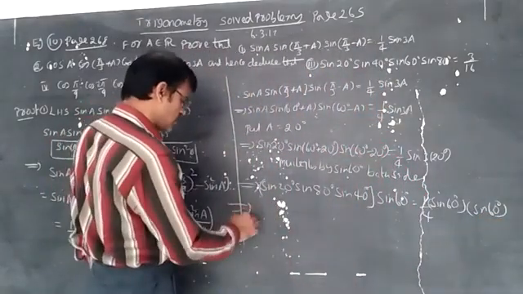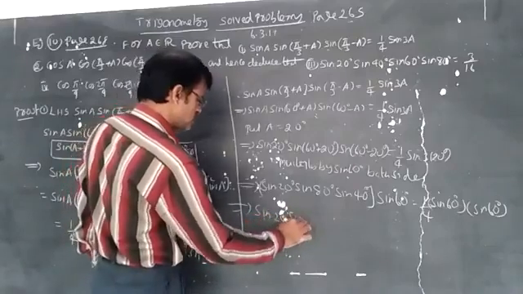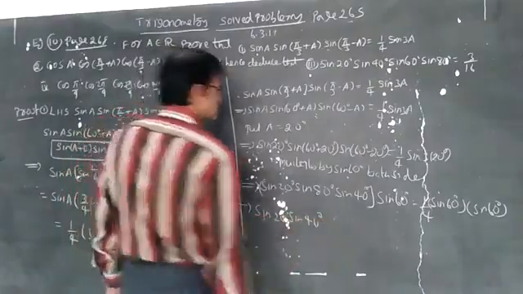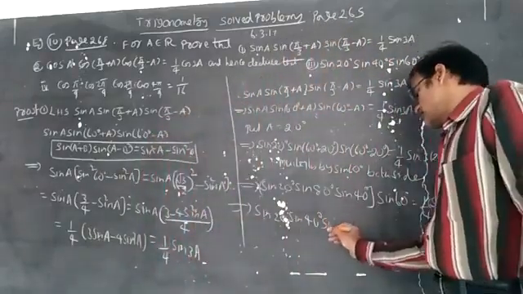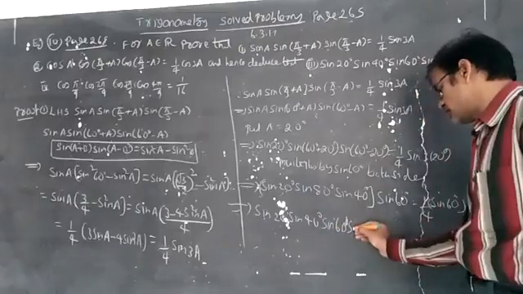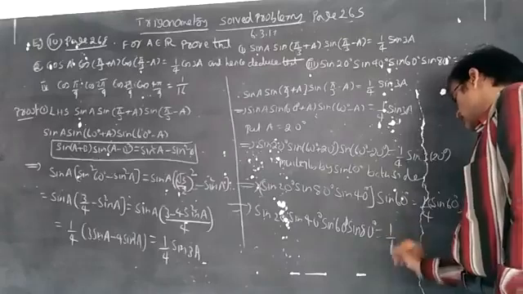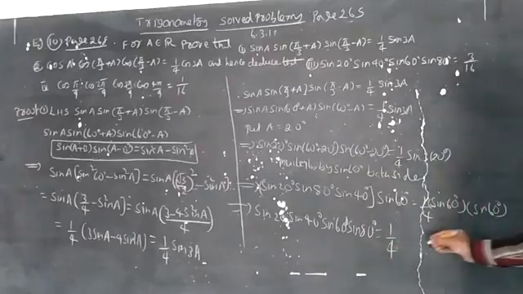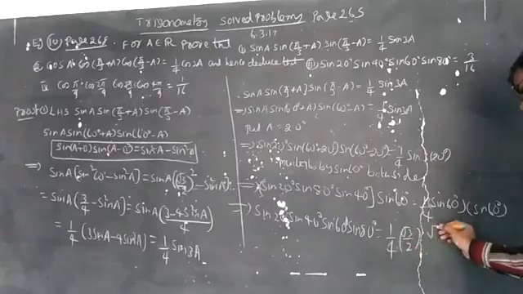In the order I am writing, sin 20 degrees into sin 40 degrees into sin 60 degrees into sin 80 degrees is equal to 1 by 4 into sin 60 into sin 60, whose value is root 3 by 2 into root 3 by 2.